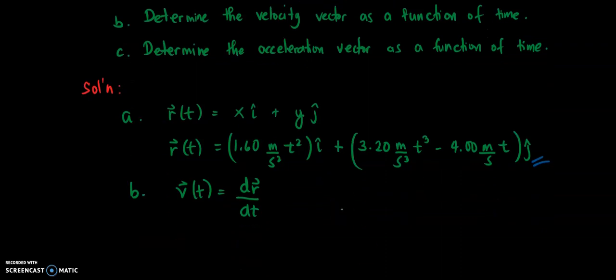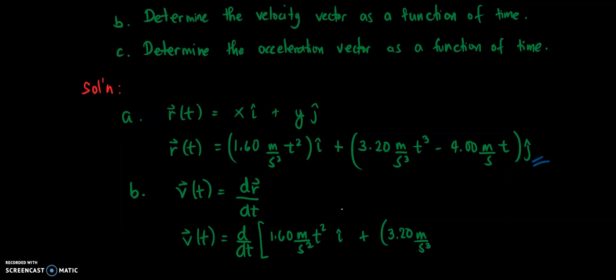So let's have this one. v of t is equal to the d over dt of the r of t, which is the position vector, 1.60 meter per second square t square i hat plus 3.20 meter per second cube t cube minus 4 meter per second t j hat.